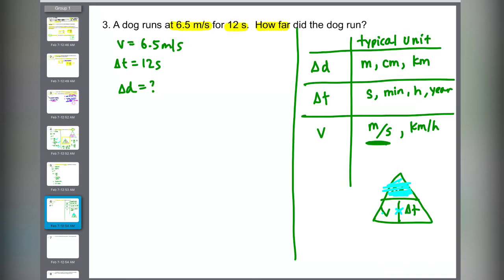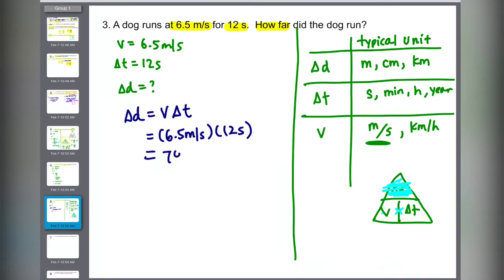So I'm multiplying it. I'm going to write out my equation. Delta D is what I'm looking for. V is beside T, so it's V times T. So 6.5 meters per second times 12 seconds. So 6.5 times 12 works out to be 78.